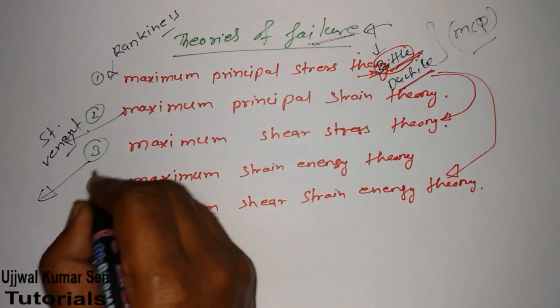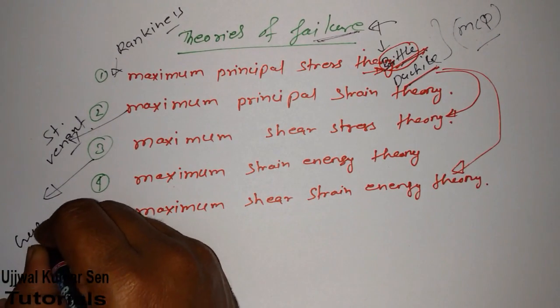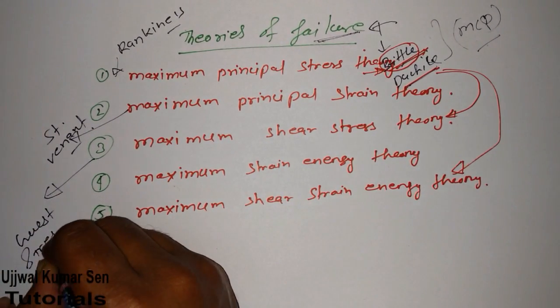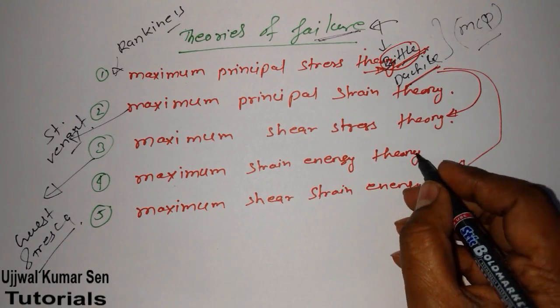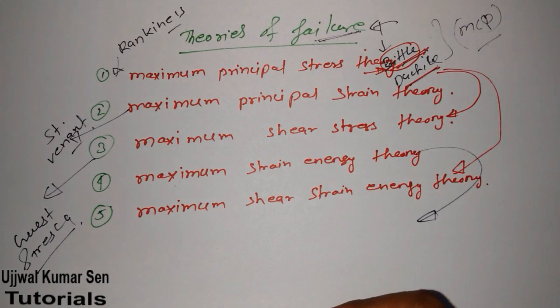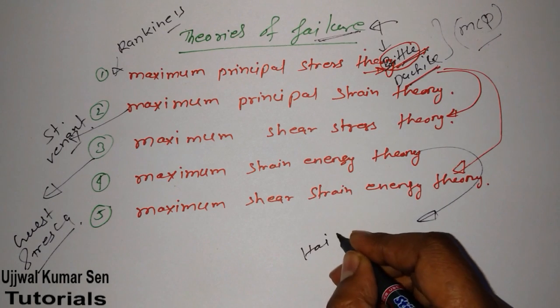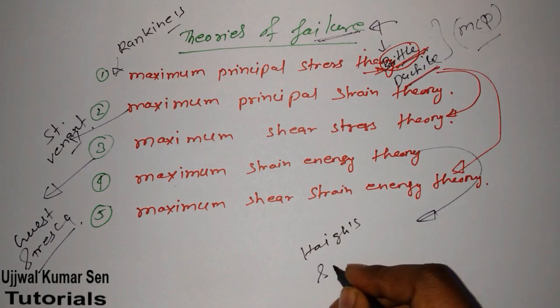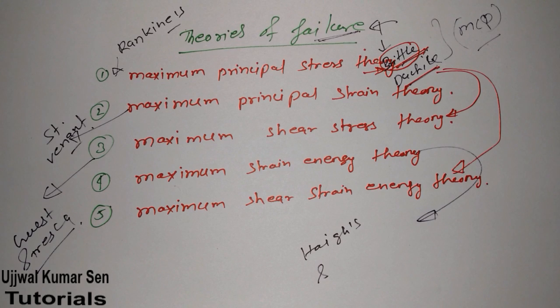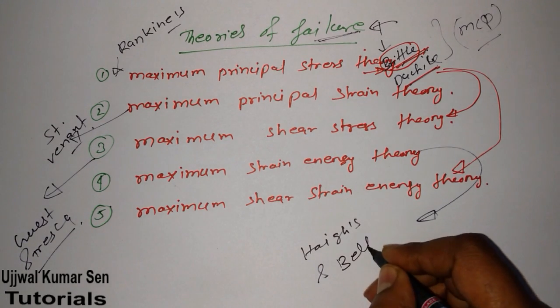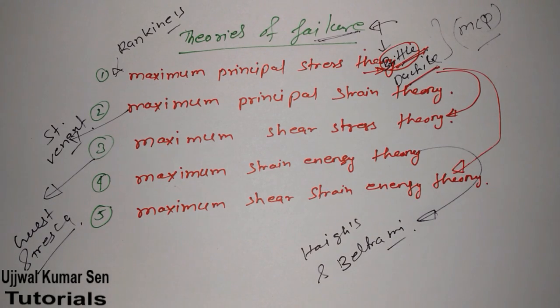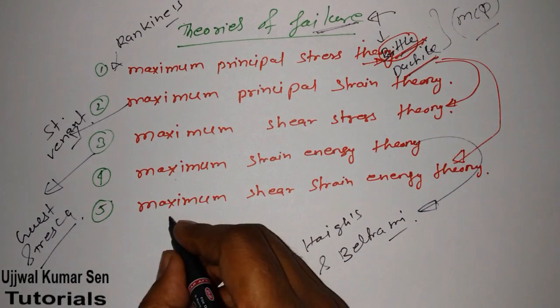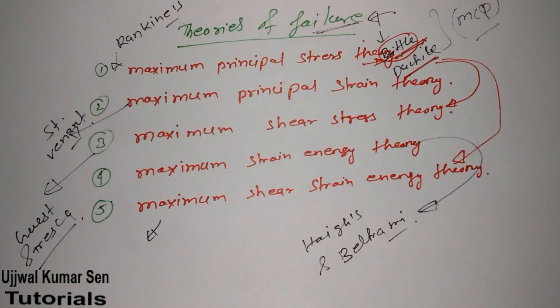Shear stress theory is known as Guest and Tresca theory. Strain energy theory is known as Haigh's theory, and another name of this is Beltrami. Haigh and Beltrami, right?